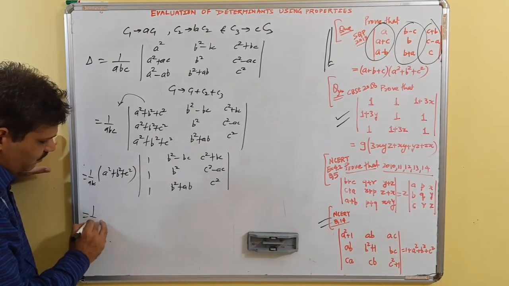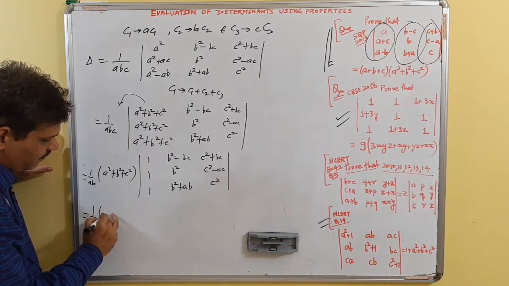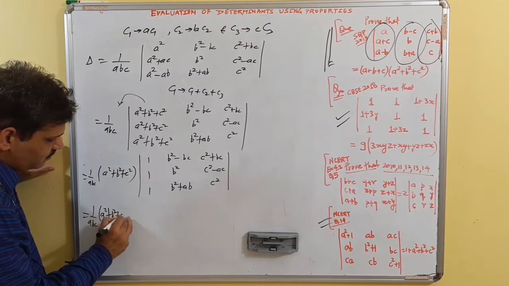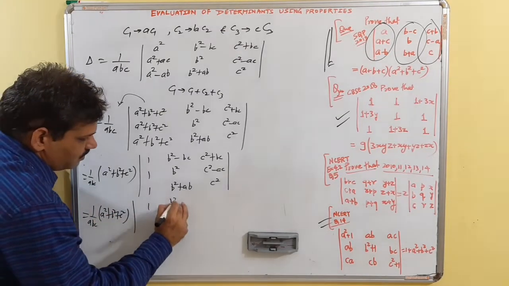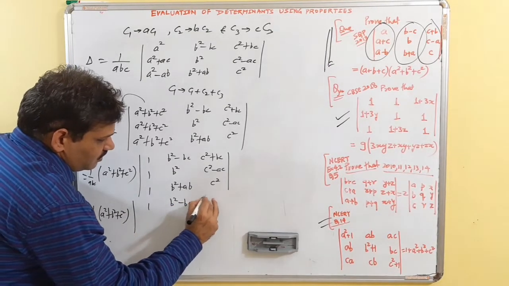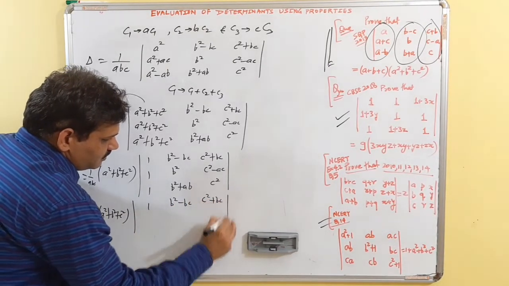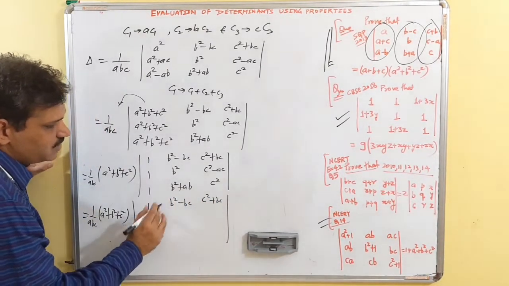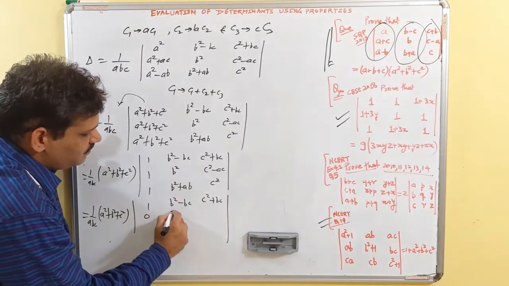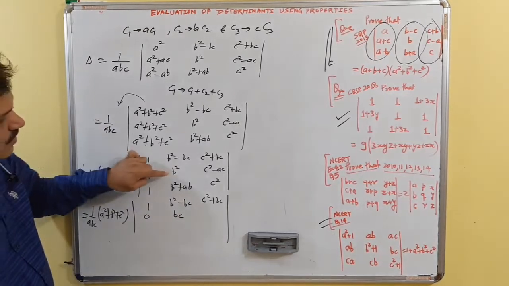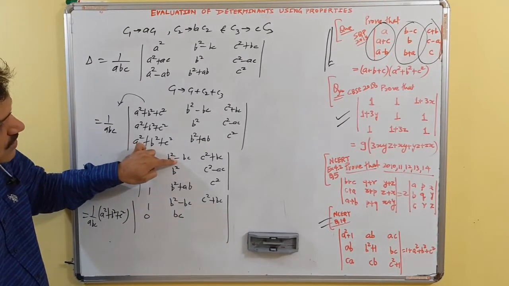So this is 1 upon ABC multiplied by A square plus B square plus C square into, this is 1, B square minus BC, C square plus BC. 1 minus 1 is 0. This minus this, B square minus BC will give us simply plus BC. When we subtract this from this, we will get plus BC.